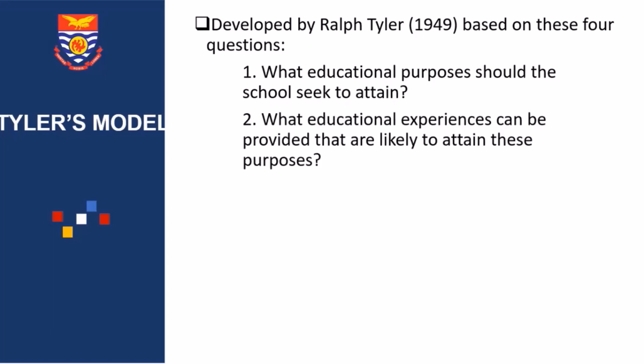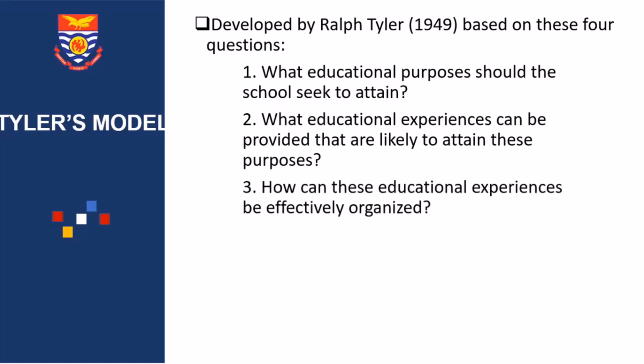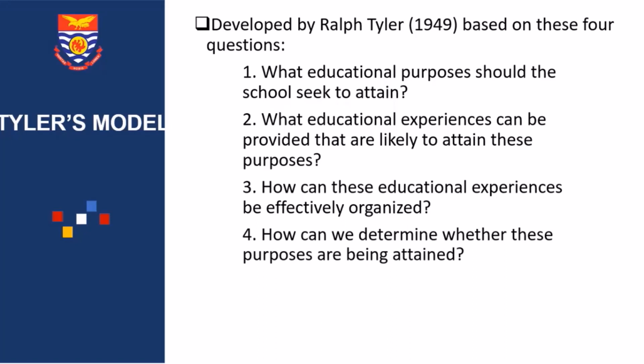What educational experiences can be provided that are likely to attain these purposes? How can these educational experiences be effectively organized? And how can we determine whether these purposes are being attained? So these 4 questions were asked by Ralph Tyler, and from them the model was developed.